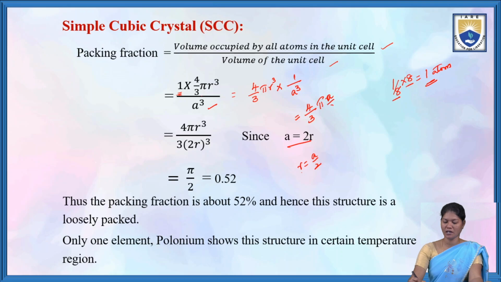Let's substitute a by 2 whole cube into 4 by 3 pi r cube times 1 by a cube.